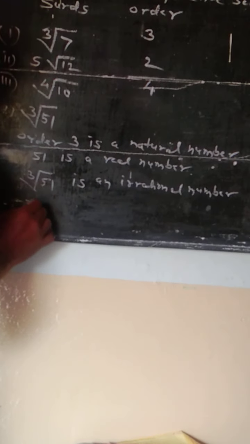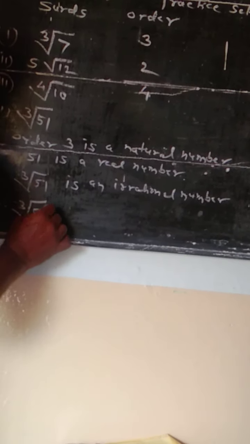Therefore, cube root 51 is a surd, because we can't take the cube root of 51. If this were 27, cube root 27 we can take as 3. If it were 8, cube root 8 is equal to 2. But we can't take the cube root of 51. Therefore, this number is a surd.